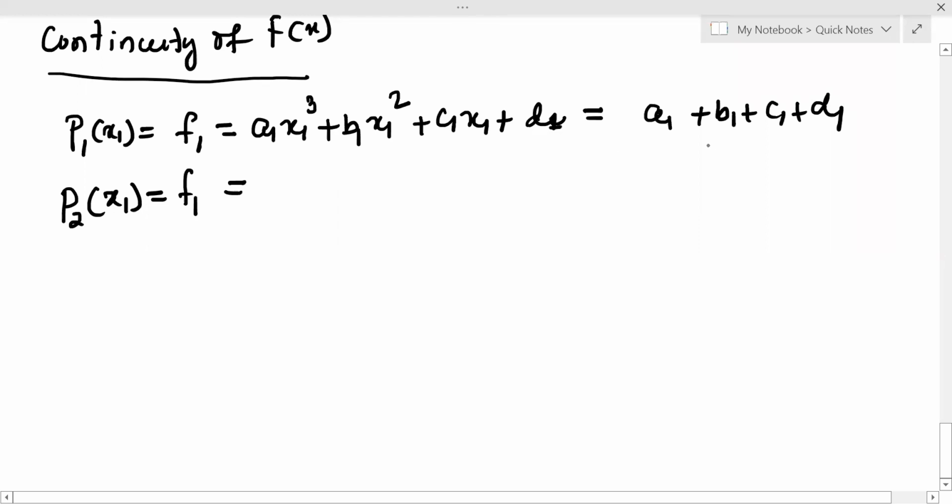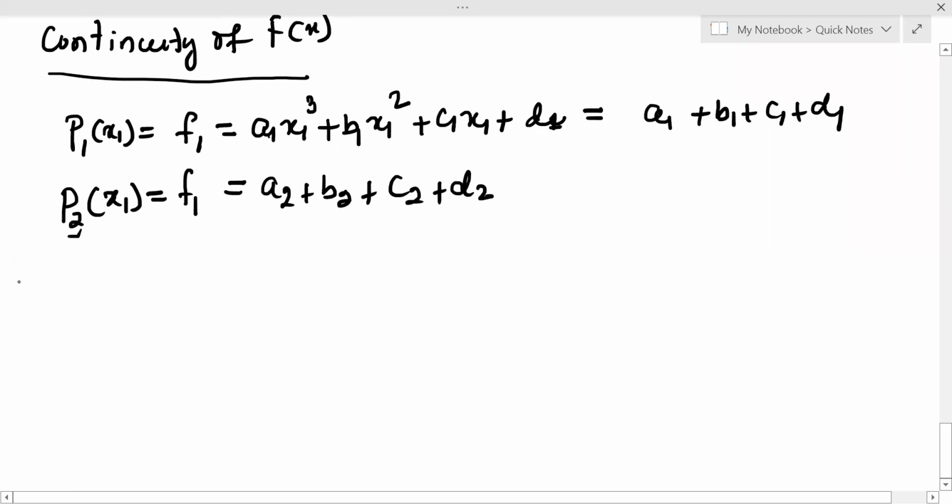This value we can represent as a2, b2, c2, d2: a2 plus b2 plus c2 plus d2.